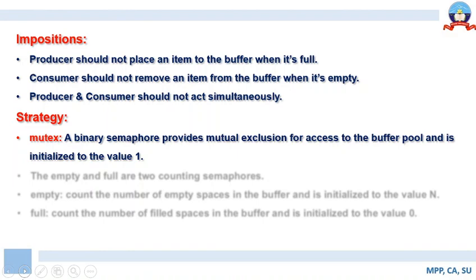Mutex is a binary semaphore which provides mutual exclusion for access to the buffer, and it's initialized to value 1. Producer and consumer will check the value of the binary semaphore mutex to decide whether or not to perform an operation on the buffer.